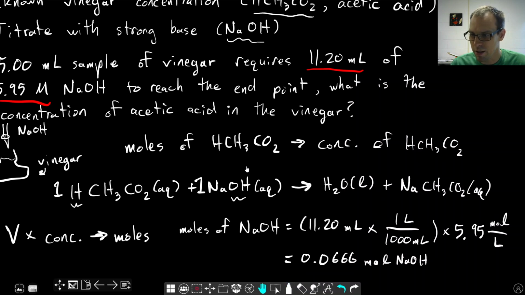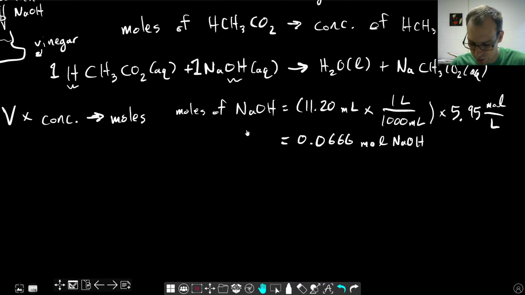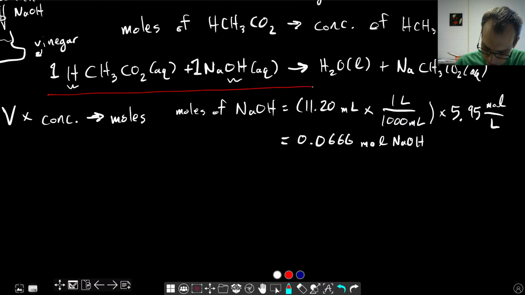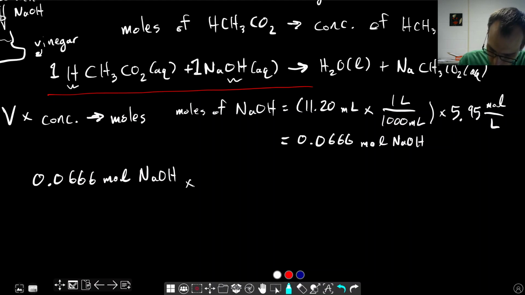Now the next step is, how do we relate that to moles of acetic acid? Well, it's a 1-to-1 stoichiometric ratio according to the chemical reaction right here. So we can say that 0.0666 moles of sodium hydroxide, we can use the stoichiometry here.